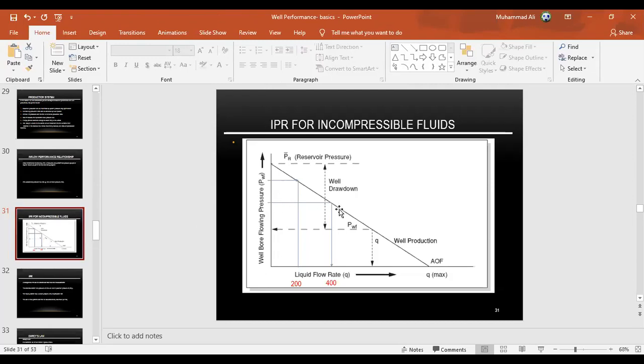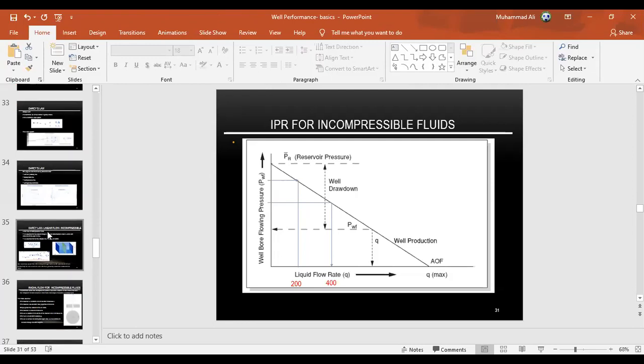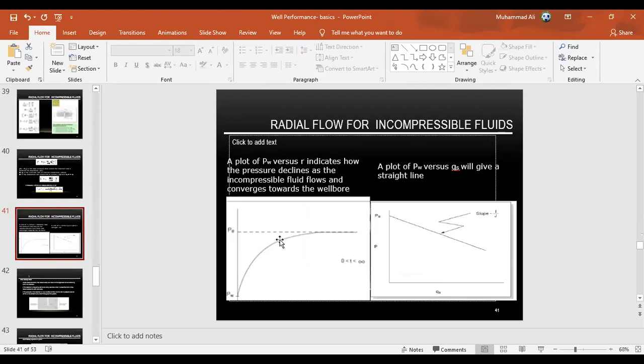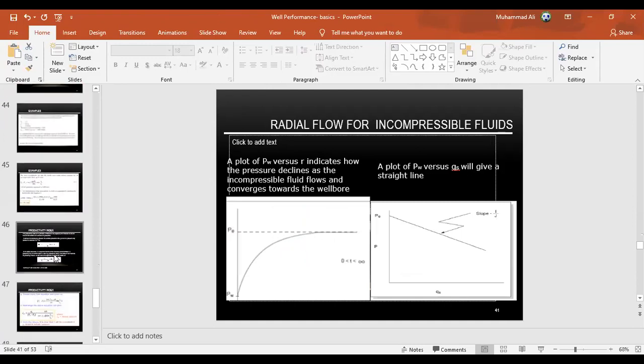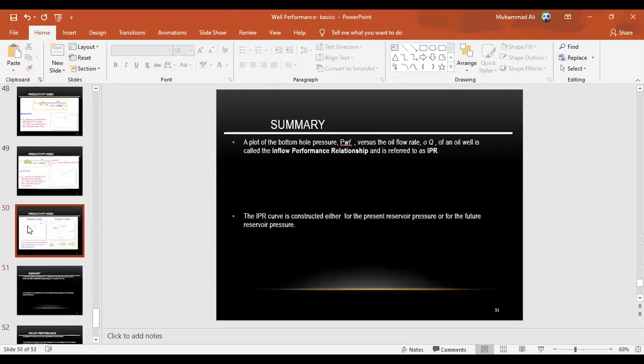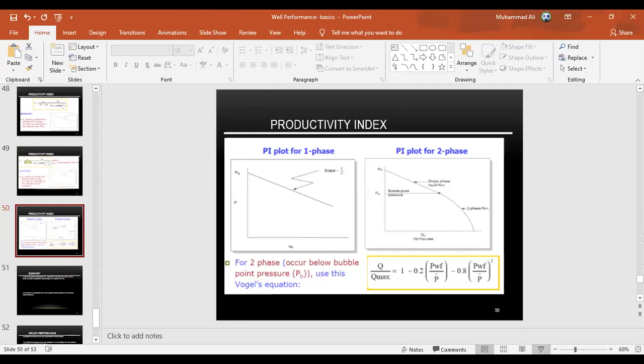Sir, I noticed the title says incompressible fluids. So for compressible, should the line be more horizontal? For the compressible fluids, it should look like this one. It will be curved, and that's where the complication comes, because as I showed you in a video, here it is. This is for the two-phase one.